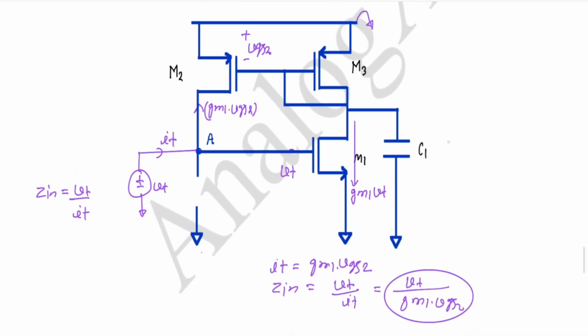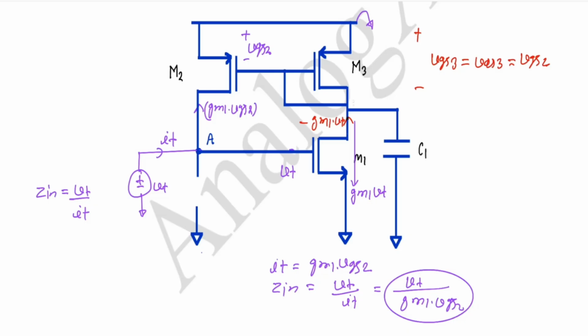For that we will apply a KCL here. If this downward current is gm1 Vt, then the upward current will be minus gm1 into Vt, and this voltage will be Vgs3, which is equal to Vgs2. This same voltage is Vgs3, and Vgs3 equals Vds3.